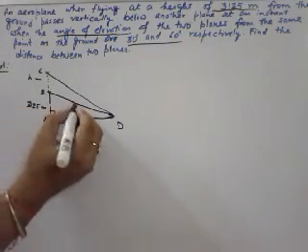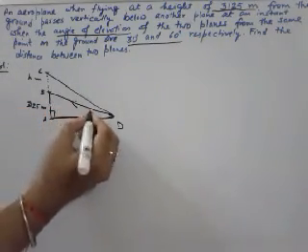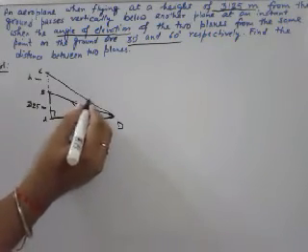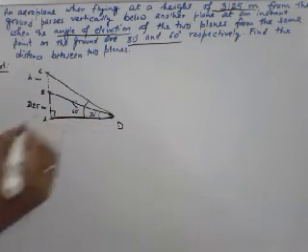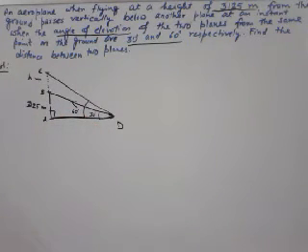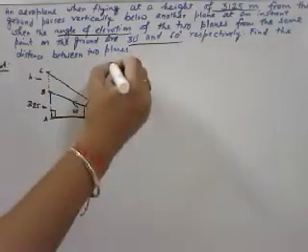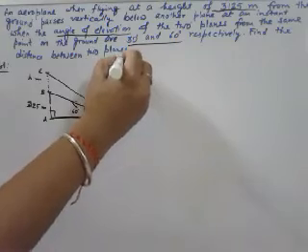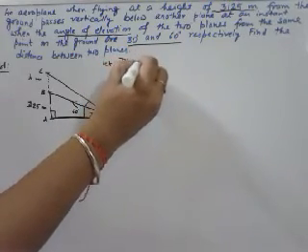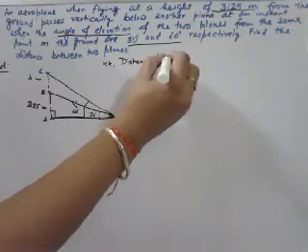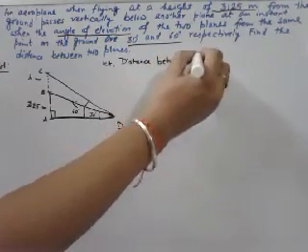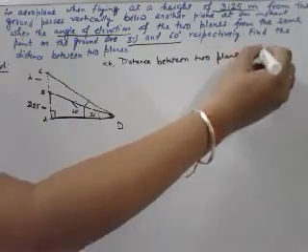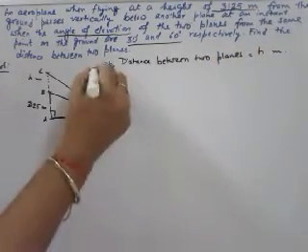Now the angle of elevation of one plane is 30 degree and of the other plane is 60 degree. So let the distance between the two planes be h meter.